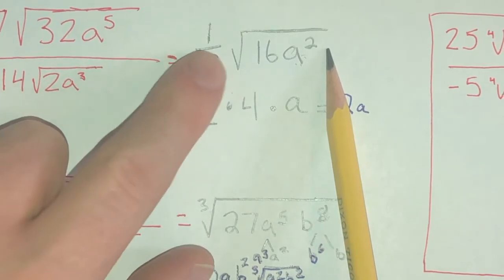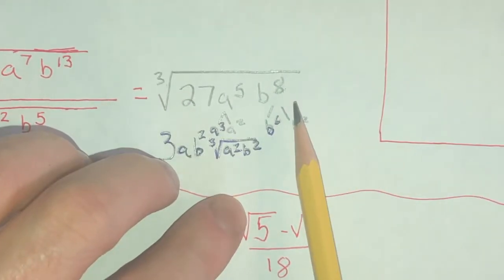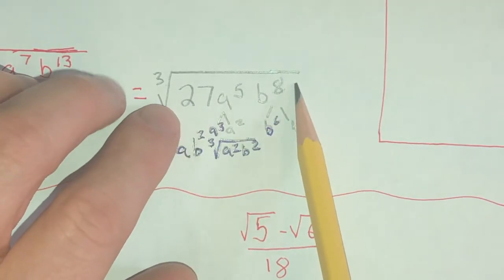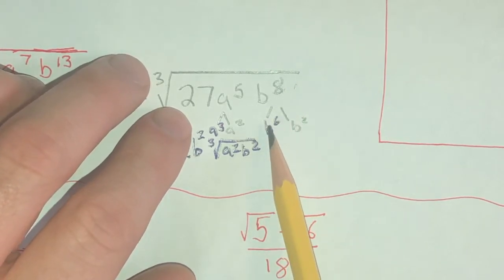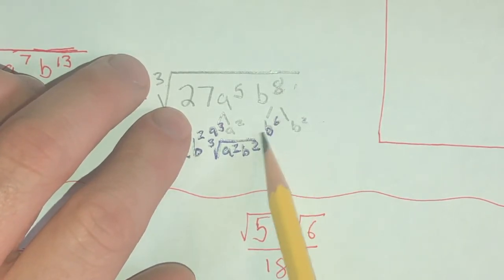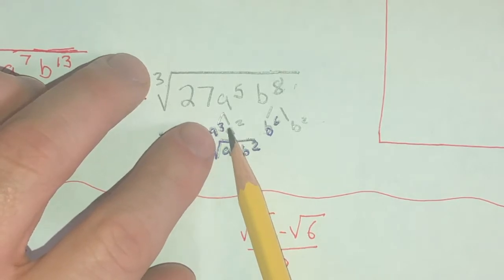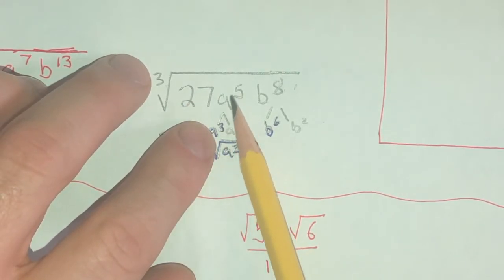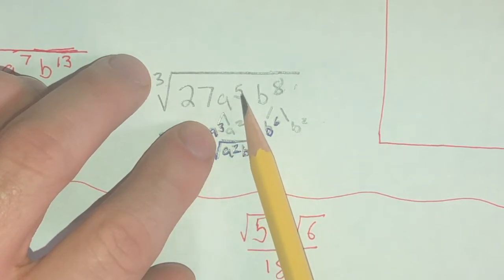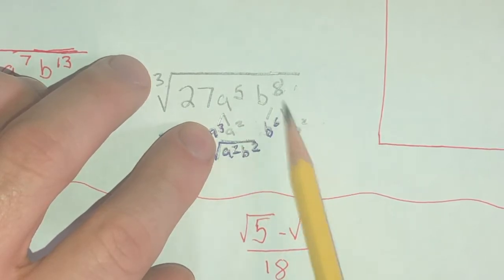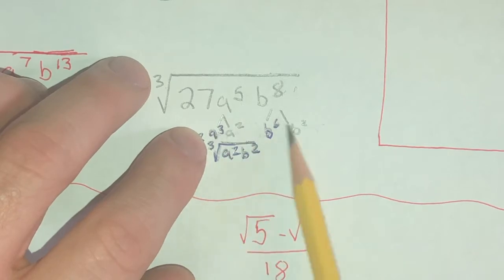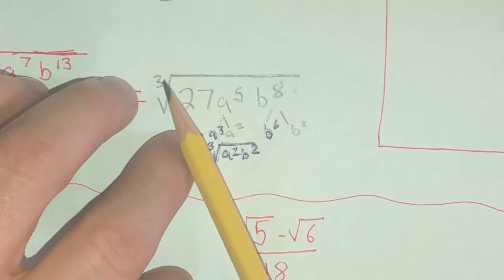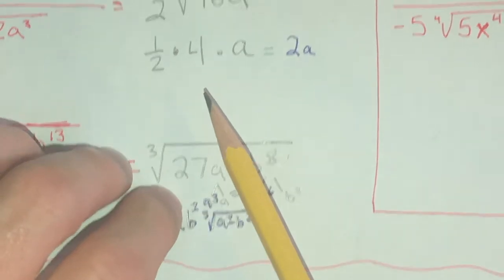2 divisible by 2. But if the exponent is not divisible by the index, you try your best to split it up such that you have 2 powers of the letter that add to the original power, but such that one of them will be divisible, just like with the 27, or just like with the 16 or 32, right?